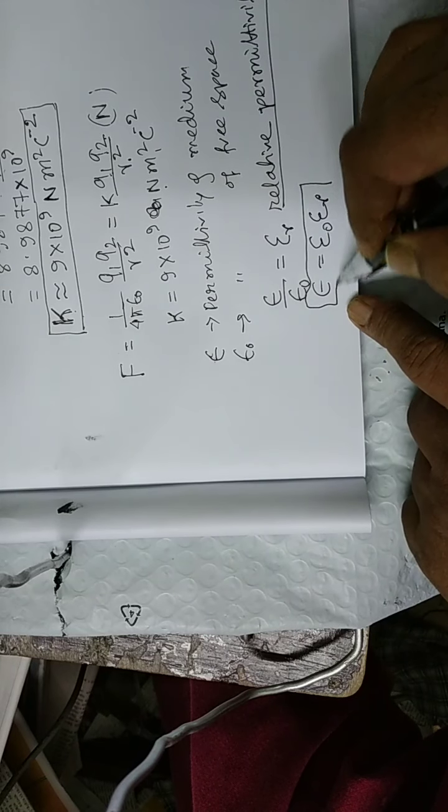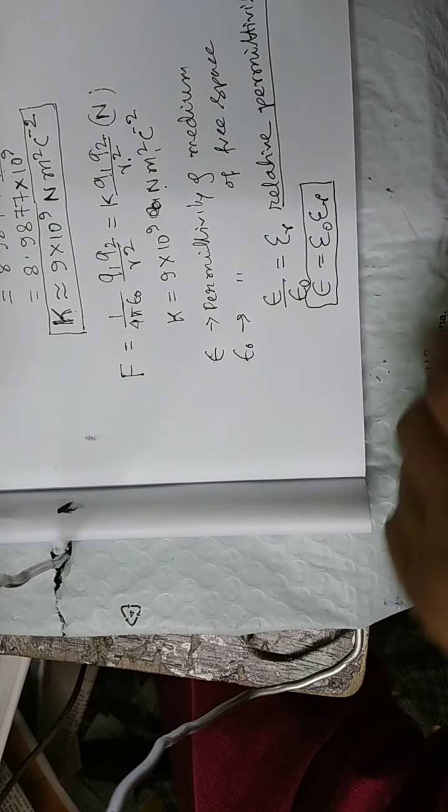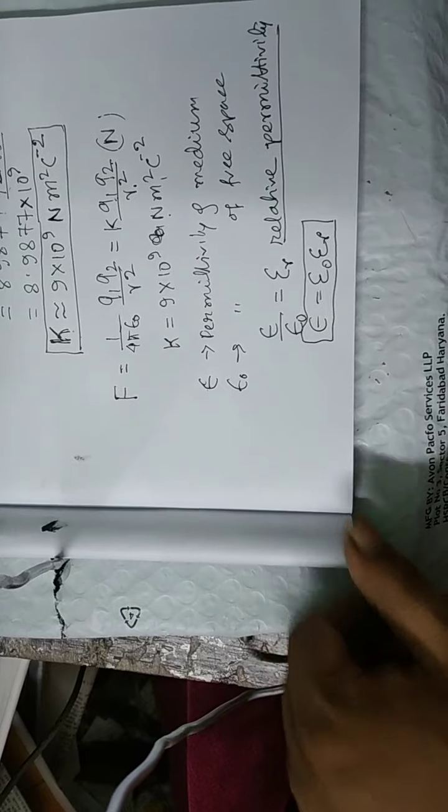With this, our formula again changed slightly. The formula changed: 1 by 4 pi epsilon naught epsilon r into q1 q2 by r square.